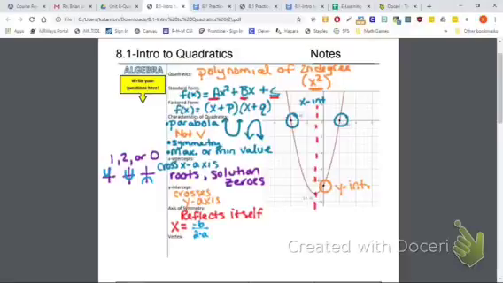Now the vertex. The vertex here, that is the highest or the lowest point of the polynomial, kind of that tip that it comes to. But again, remember, it's a U, not a V, so I really don't like calling it the tip, but it's the highest or lowest point. When it's the highest point, we call this the maximum.